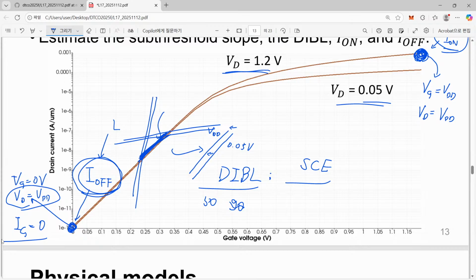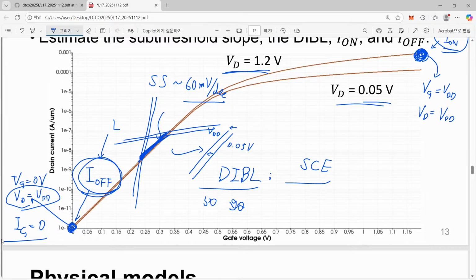This slope corresponds to the subthreshold slope, and this slope is critically important. Nowadays it should be quite close to 60 millivolt per decade. If this one is much higher than 60, then it also cannot survive.